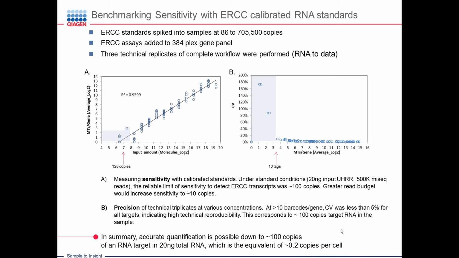You can boost that sensitivity by using more read budget and reading deeper, if, in fact, your average reads per molecular tag were very low. And I'm going to show you that on an upcoming slide. So if you've read every molecular tag there is to read, you'll know that from the data output, and I'll show you that.